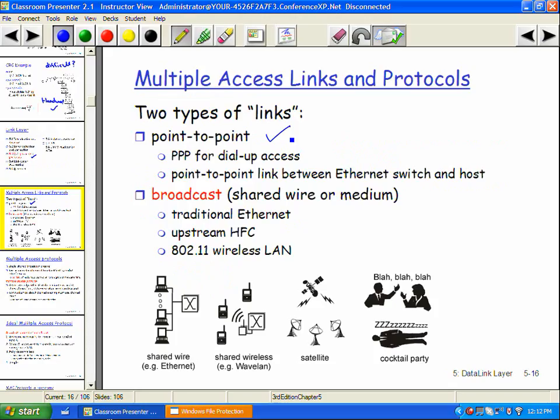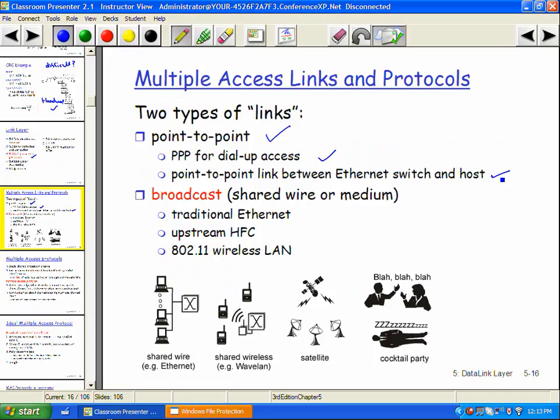The wire connects it to maybe a modem or the part of the modem at the phone company or something. So you have your computer. A wire goes from there and connects you straight to the router or something. So that's a point-to-point link. You don't have to worry about sharing. You own the whole link. So you don't care about other people.